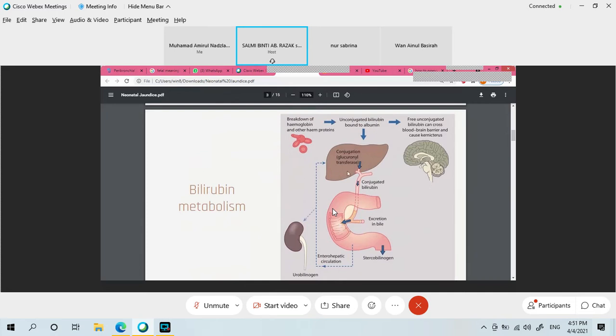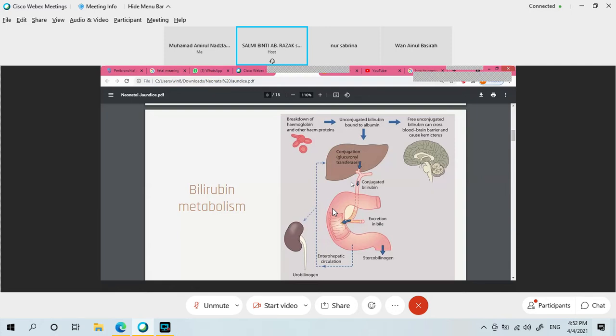Then you also need to know conjugated dengan unconjugated hyperbilirubinemia. Conjugated which is obstructive jaundice, biasanya keluar daripada hepatic itself, ada intrahepatic dengan extrahepatic.